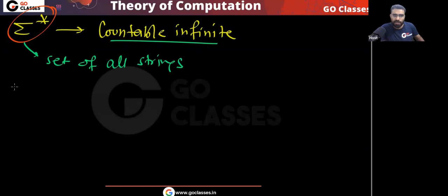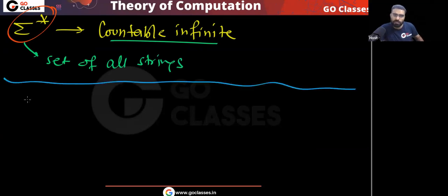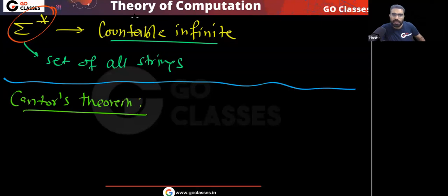Now you tell me, what do we know from Cantor's theorem? What does Cantor's theorem say? Cantor's theorem says that if S is an infinite set, then the power set of S will always be uncountable. Yes or no?